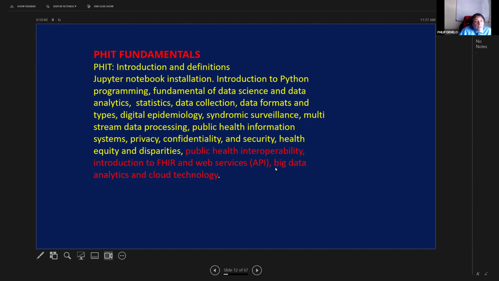Also, we taught them introduction to big data analytics and cloud technology, which are quite important topics in public health informatics and technology program. So that is what was quite different from the public health informatics and technology bootcamp training for beginners. So we basically focused on very practical information systems that are now in high use, like FHIR API.